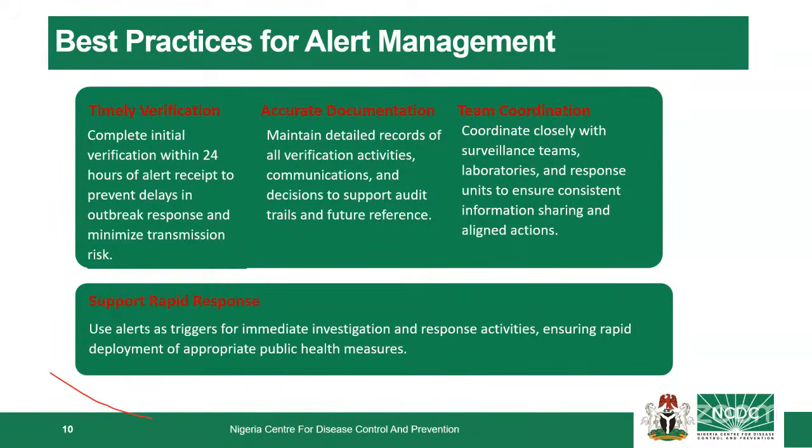So it's not just that SORMAS is popping up an outbreak and they verify it and let it go. No, there should be coordination that syncs with the system as they are verifying the alert, as they are doing the risk assessment, as they are forming the response team and action. This should be in a coordinated way, especially from the states, the LGA, and also national.